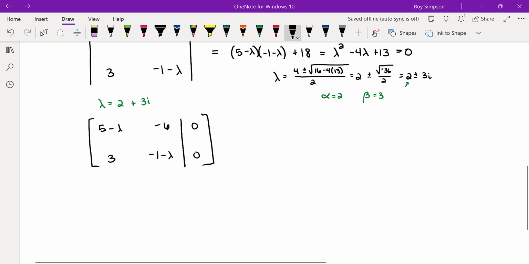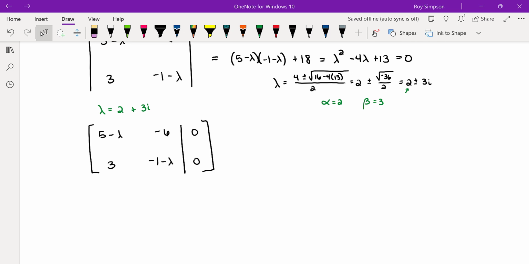We're going to plug that lambda in. Now remember, lambda is 2 plus 3i. So 5 minus 2 is going to be a 3, and we're subtracting the entire lambda, so it's minus 3i. Then we get here -1 minus the 2 is a -3, and then again, minus lambda means you have a -3i.